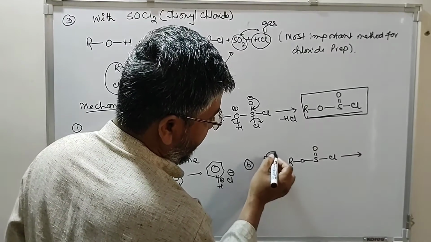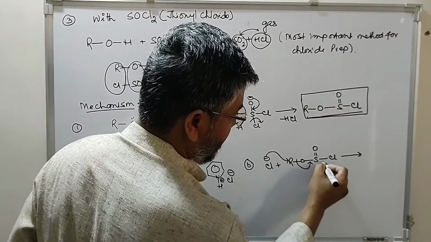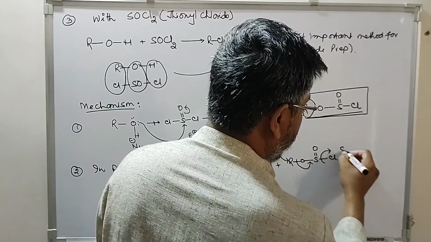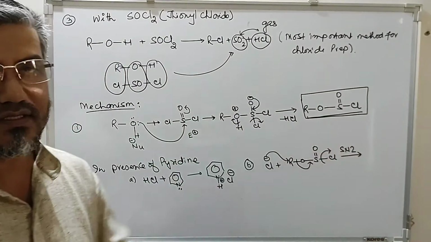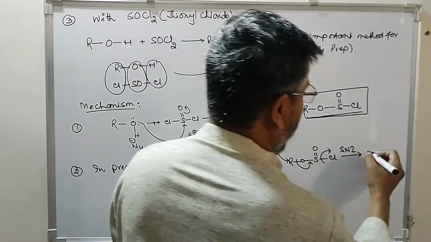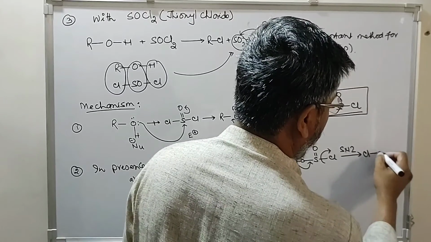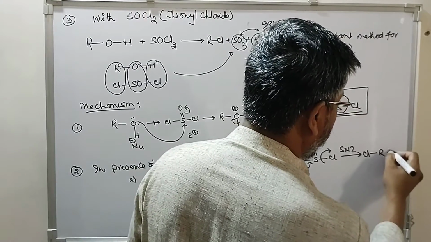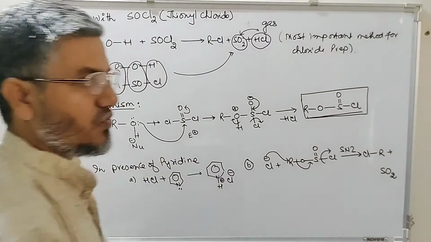So the attacking group is attacking from the rear side, and this electron is transferred between sulfur and oxygen, and this Cl minus leaves the system, and this reaction is what we call SN2. Just for the time being, remember this is an SN2 reaction, substitution nucleophilic bimolecular, and this gives you RCl, or simply ClR, plus sulfur dioxide gas is released.